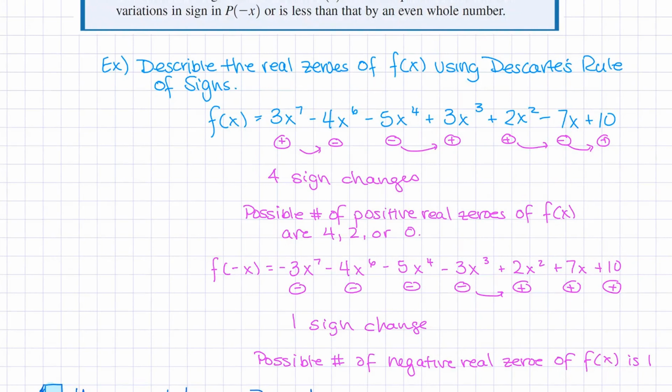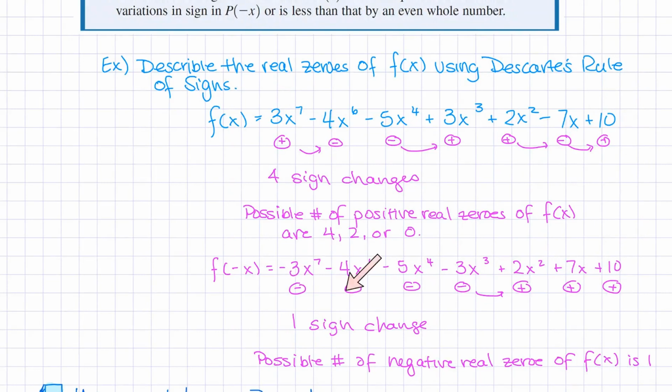If there's an even exponent, you won't change the sign, just because of what happens when you plug in the negative x. Even exponent, keep the sign. Odd exponent, change the sign. And this is really an even exponent, keep the sign.